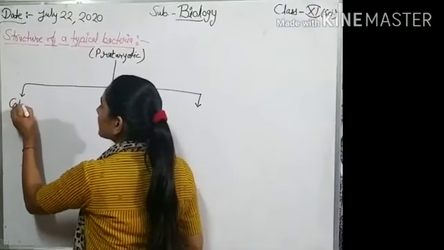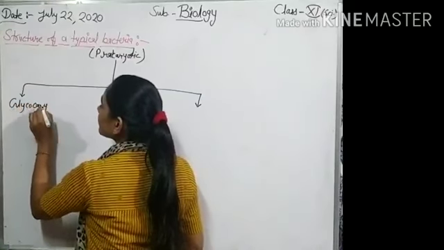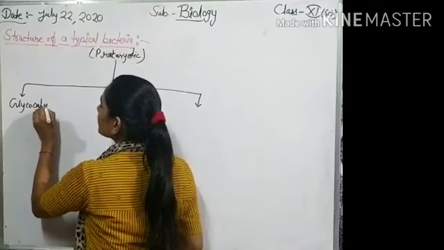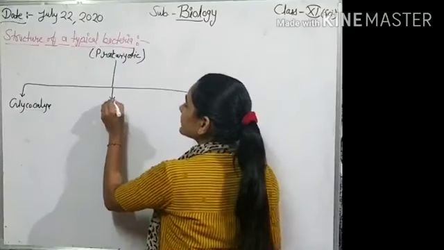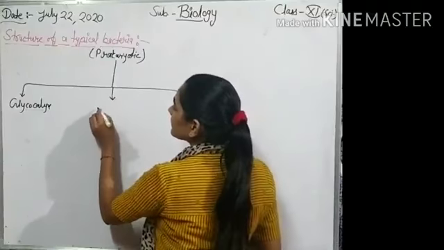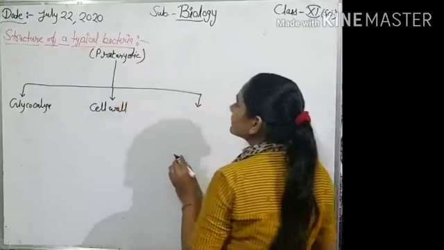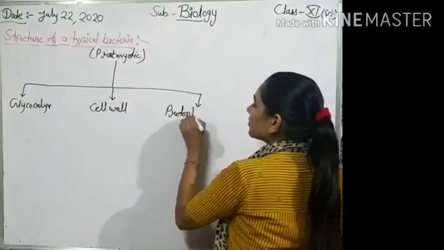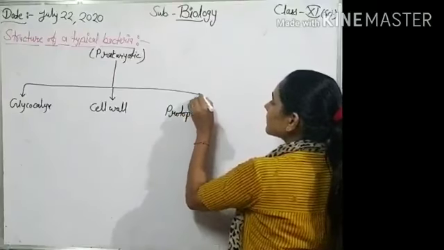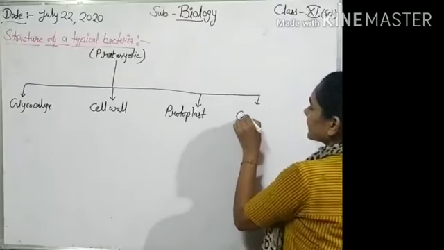First, glycocalyx, cell wall, protoplast and cell appendages.